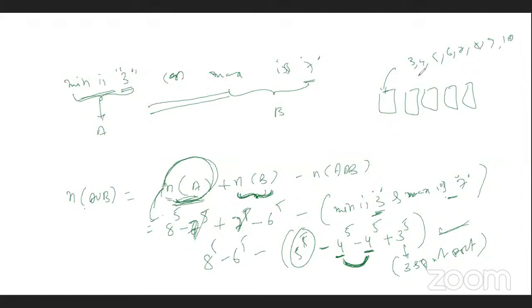So 8 ways each, 8 power 5. But here you should observe that not all of the 8 power 5 have minimum 3, because writing 8 ways means any one of these 8 may occur. Suppose 4, 4, 4, 5 occur. Does it satisfy minimum 3? No, sir. Such cases are also there in 8 power 5. So what should we subtract?